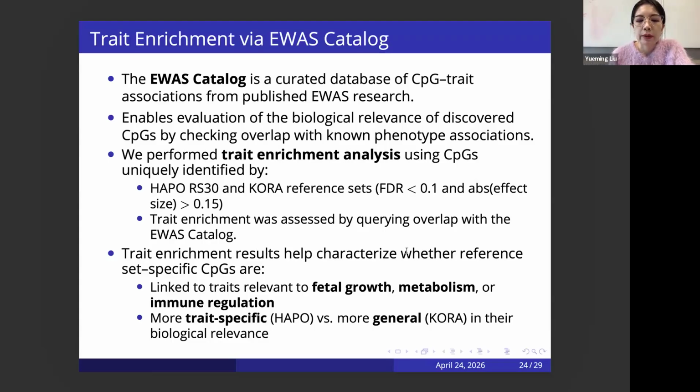Trait enrichment results help categorize whether reference set specific CpGs are linked to traits relevant to fetal growth, metabolism, or immune regulation. So HAPO identified more trait-specific ones, while CORA captured more general ones in their biological relevance.